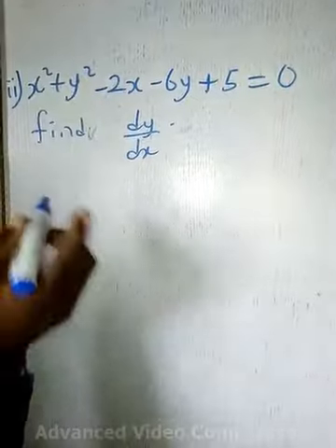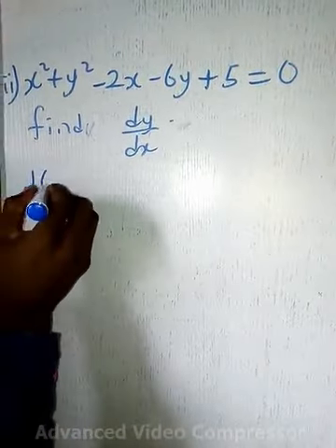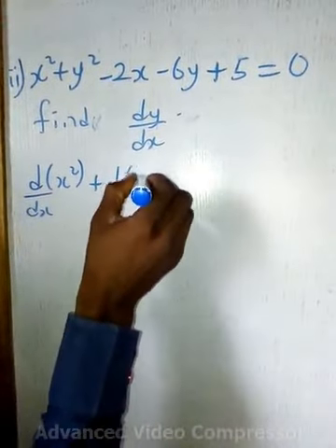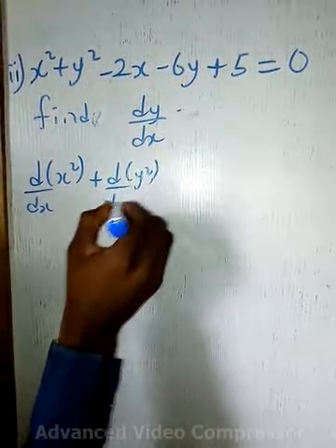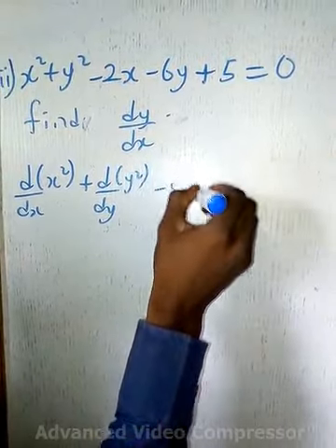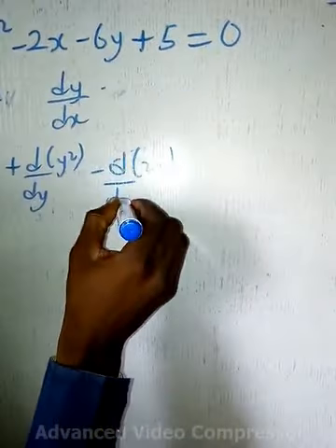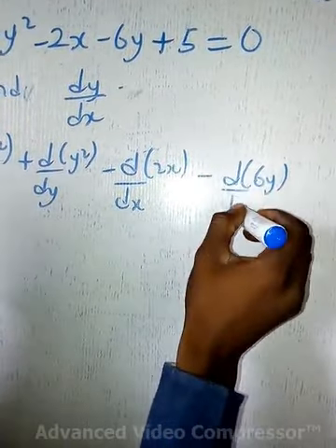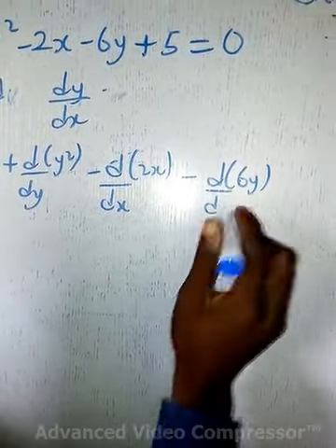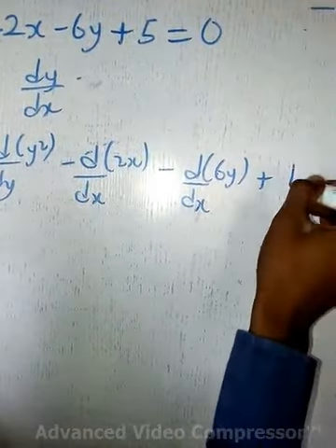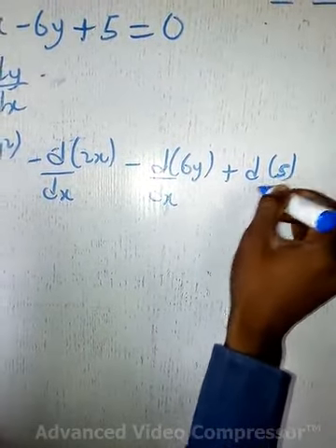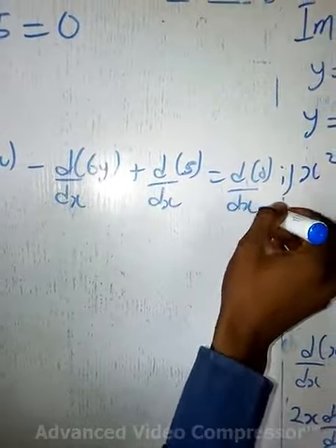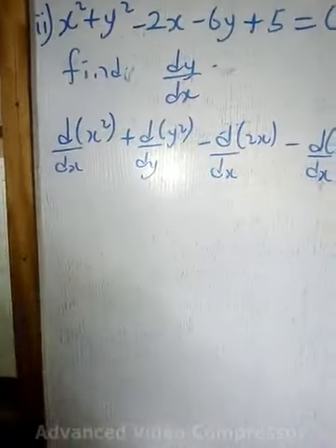Differentiating each of the functions, I'm going to write it again the way I've just written that: d of x squared dx plus d of y squared dx minus d of 2x dx minus d of 6y dx plus d of 5 dx equals d of 0 dx.